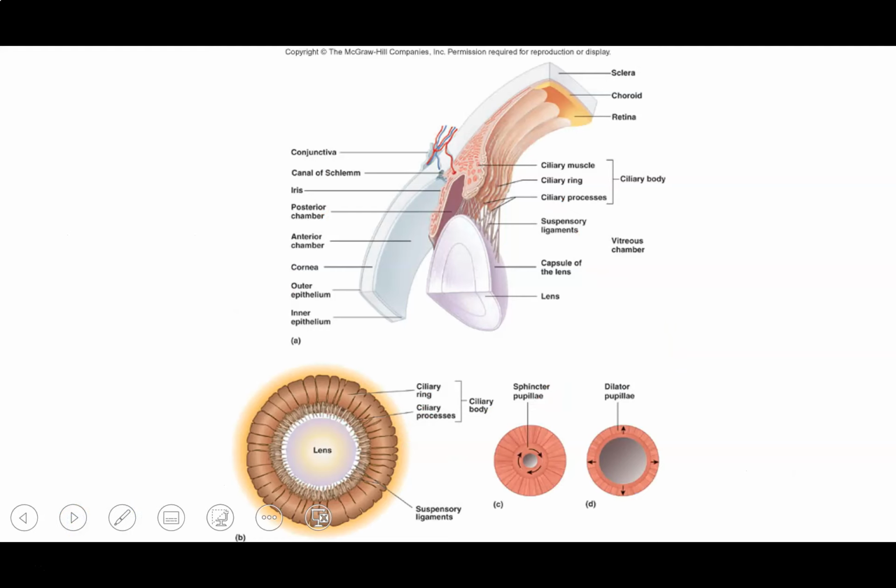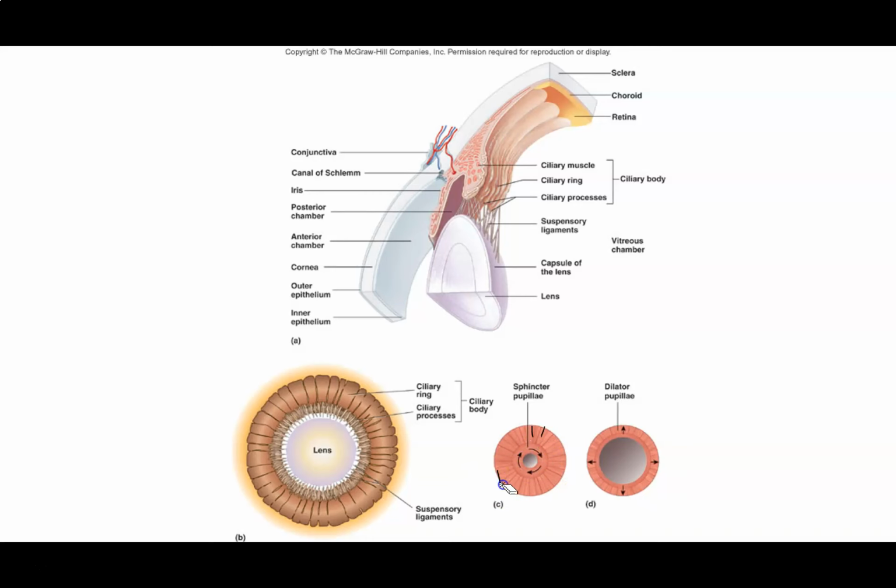Now, let's talk about the pupil, right? So the pupil has 2 layers of muscles. There's an outer layer of muscle that you can see here that's arranged radially, right? That's called the dilator muscle. You might remember that when a radially arranged muscle contracts, it pulls away from the center, right?